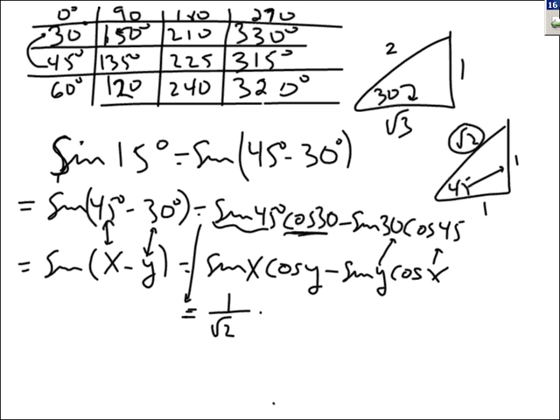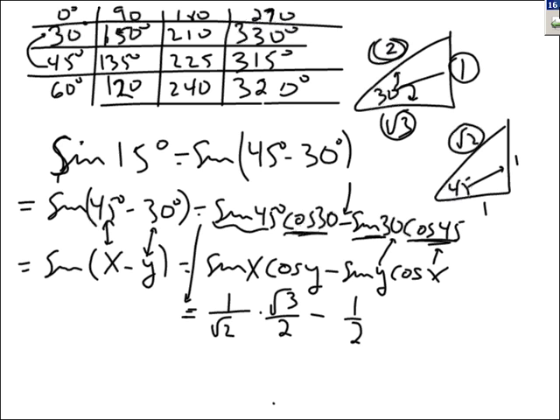Cosine of 30 is adjacent over hypotenuse. It's the square root of 3 over 2, minus the sine of 30. Well, sine of 30 is opposite over hypotenuse. It's a half times the cosine of 45. It's adjacent over hypotenuse. It's 1 over the square root of 2.